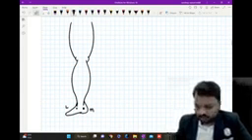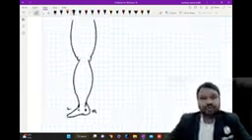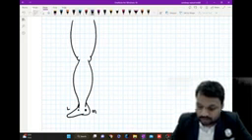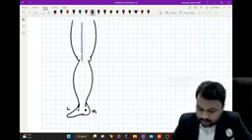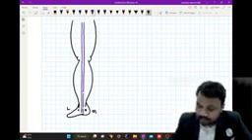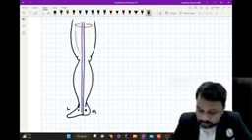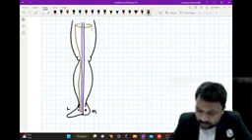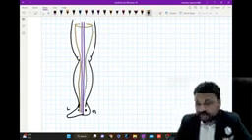Now, we all know you have the deep venous system, which is traveling here inside the muscle compartment. Deep inside the muscle compartment you have the deep venous system.